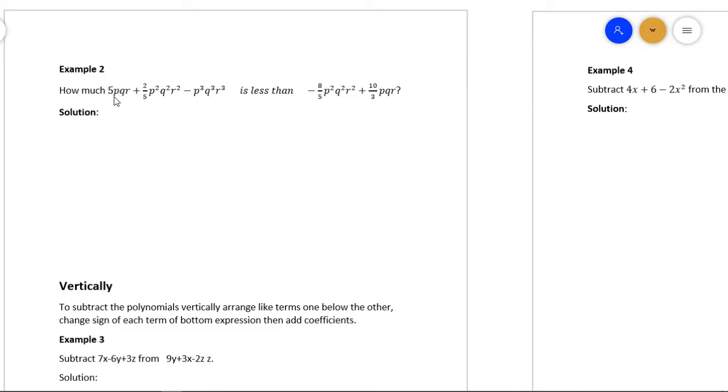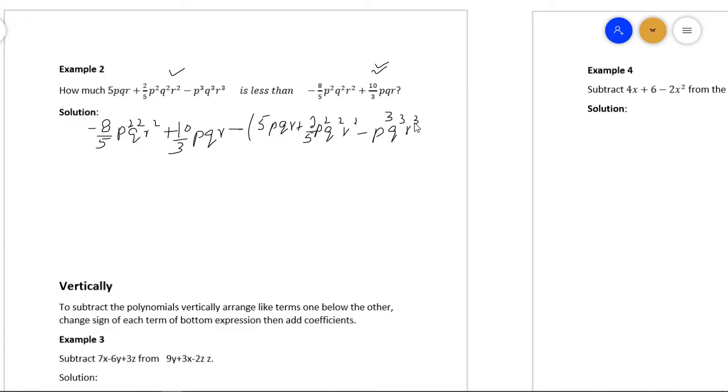So as we are saying that how much this one is less, it means this one is less and the other one is greater. So first we will write the greater term, which is minus 8 by 5 p square q square r square plus 10 by 3 p q r, and we have to subtract the other one, which is 5 p q r plus 2 by 5 p square q square r square minus p cube q cube r cube.